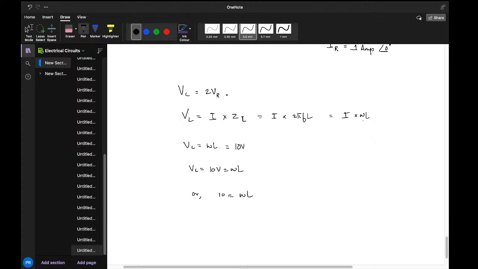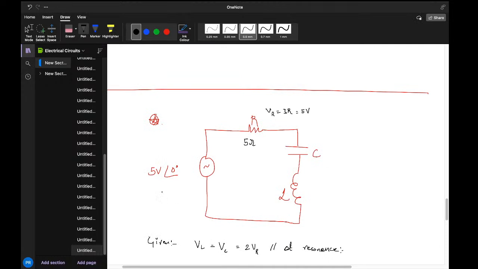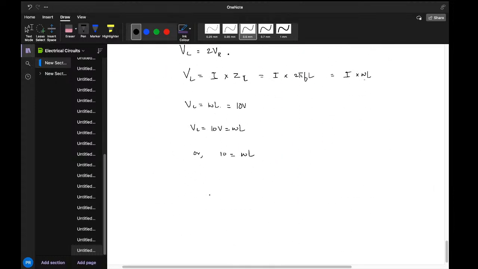Now let the input frequency be 50 Hertz over here. So let's just assume the input frequency is 50 Hertz. Okay, resonance takes place at 50 Hertz. So what we can get over here is 10 equals 2 pi, then we have 50 Hertz over here multiplied by the inductance L. Therefore L is just going to be 10 divided by 2 pi times 50 Hertz.